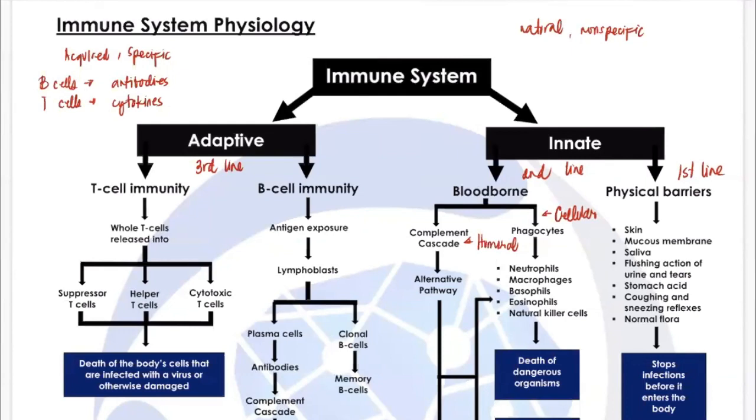Kasi yung mga B cells natin, they are only able to elicit their function no in our immune system through the production of antibodies. And antibodies, this is yung antibodies natin are the major component of our humoral immunity when it comes to the acquired immune system. Okay?